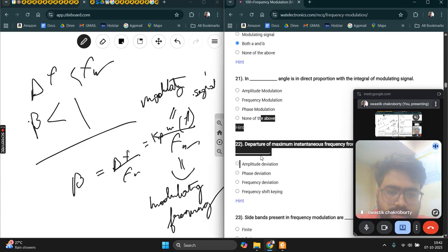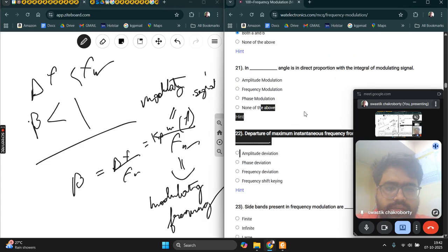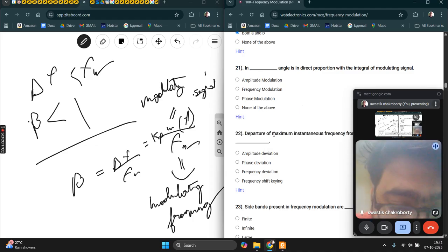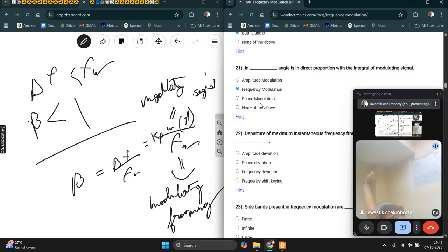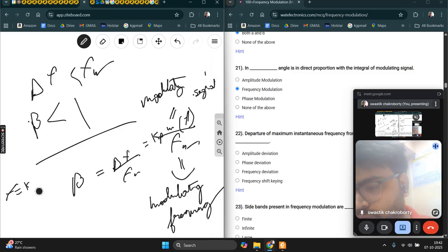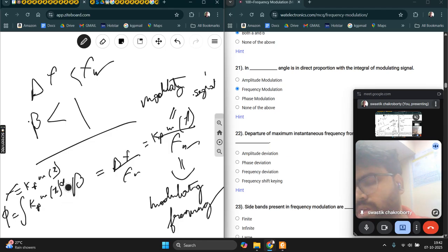Next, in dash, the angle is directly proportional to the integral of the modulating signal. So it will be phase modulation or frequency modulation, because in frequency modulation the frequency is varying with the message signal. The phase is the integration of the frequency. So here phase is varying as the integral of kf m(t) dt.